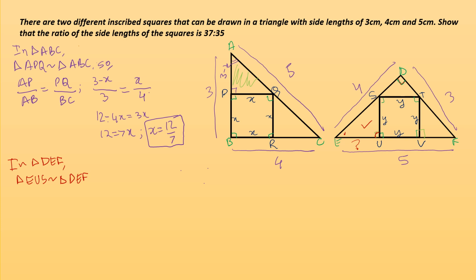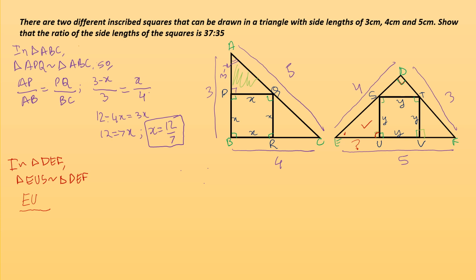So we got to bring EU into our proportion. So I can say that EU out of DE or DF.